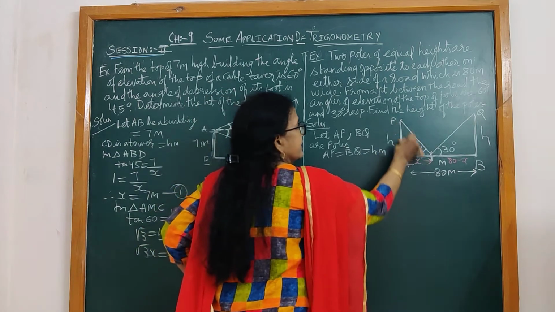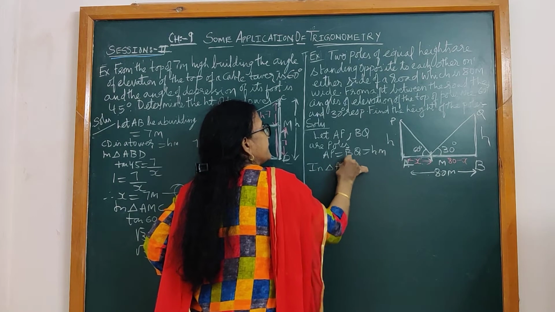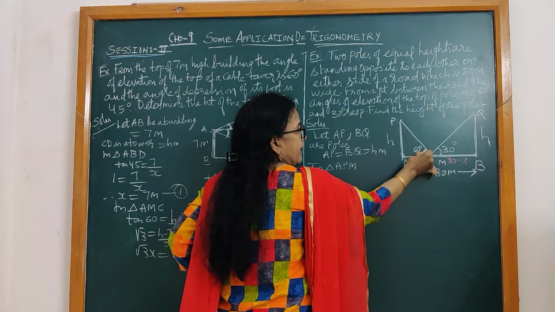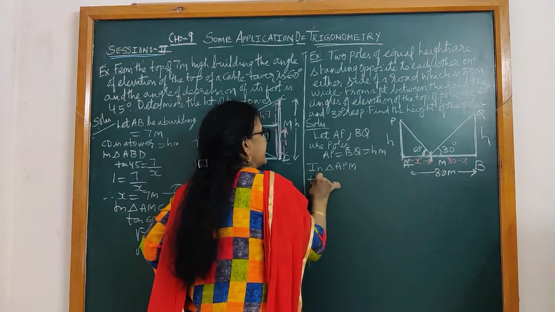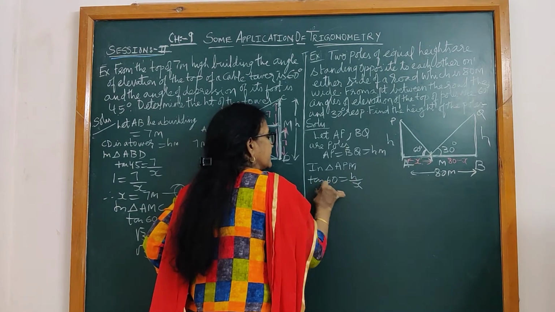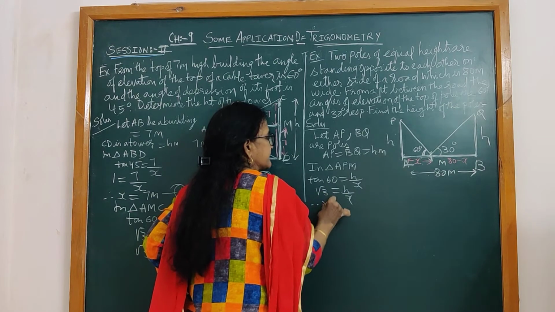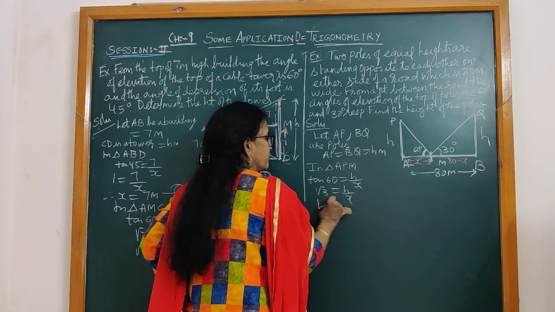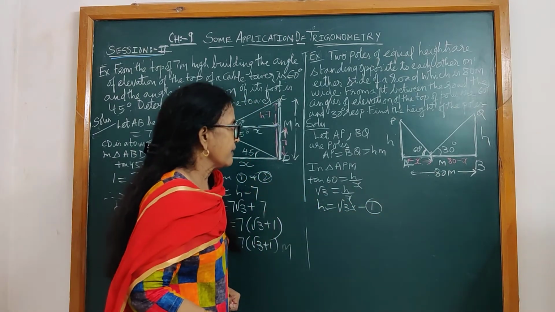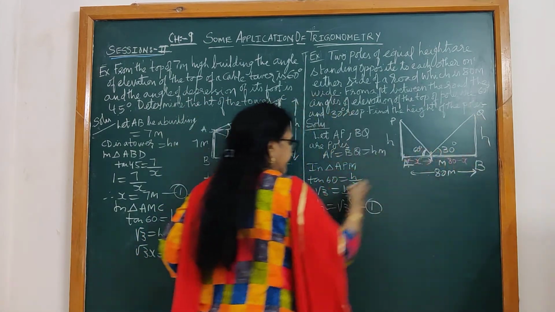In triangle APM, tan 60 is opposite upon adjacent, so tan 60 is equal to h upon x. Root 3 is equal to h upon x. Therefore, h is equal to root 3 x. Take it as 1. Now the next triangle, triangle QBM.